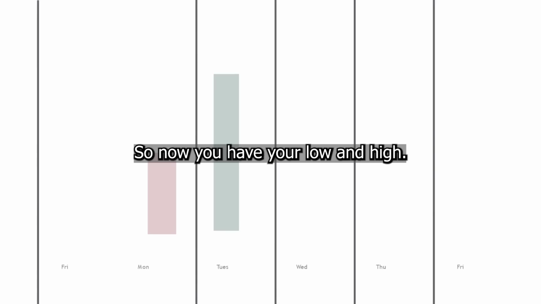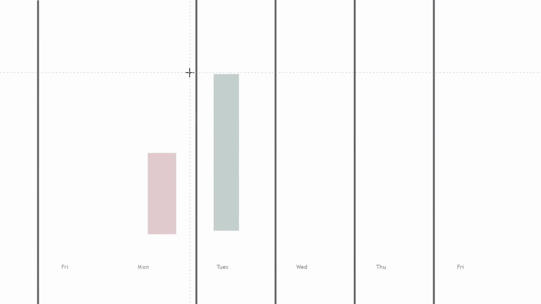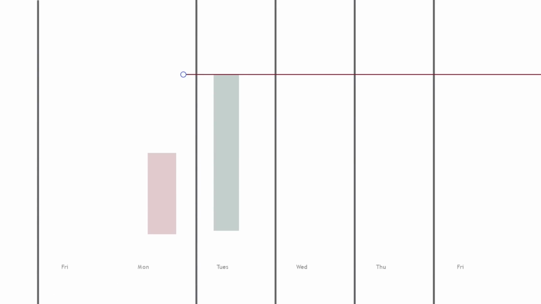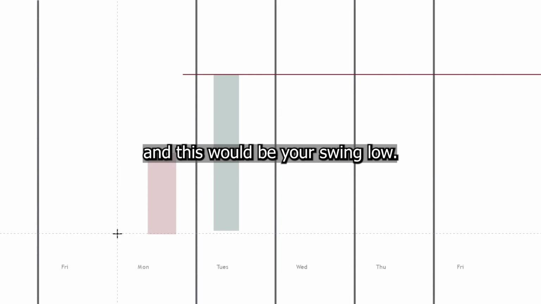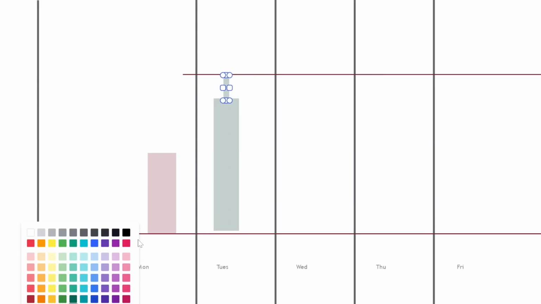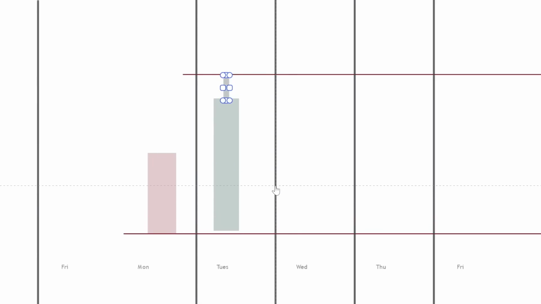So now you have your low and high. So this would be your swing high, and this would be your swing low. Actually, let's add a wick. Okay, so now you have your swing low and your swing high on Monday and Tuesday.